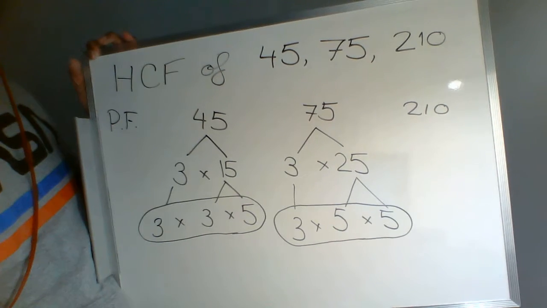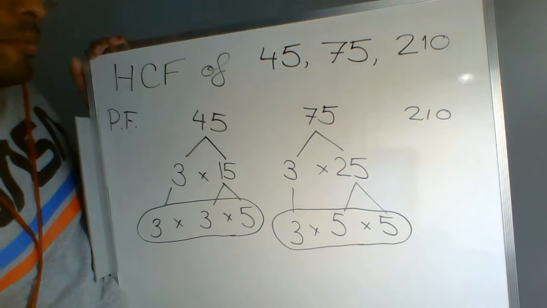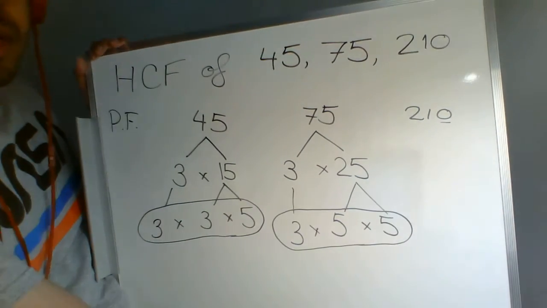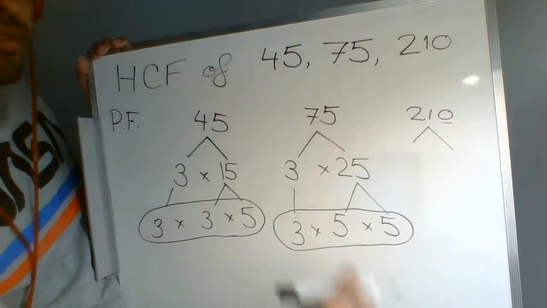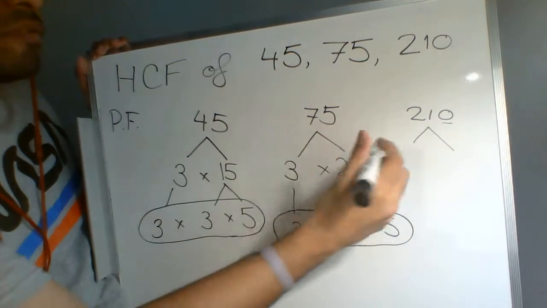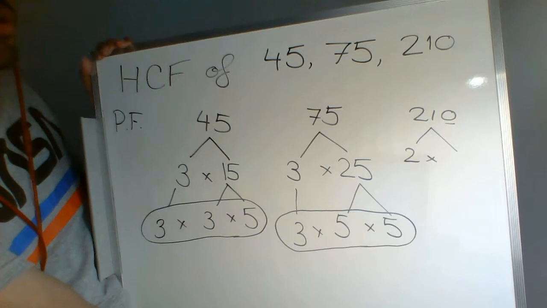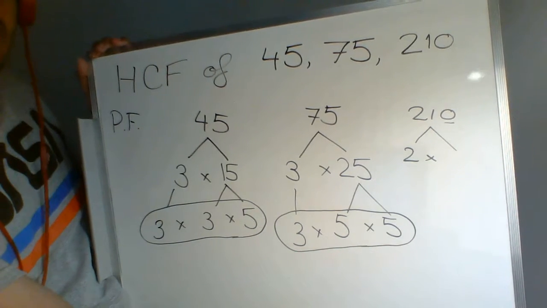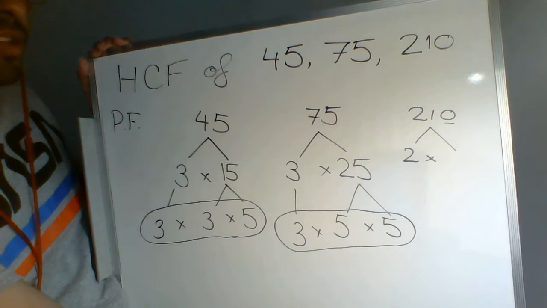Now lastly, we want to do the factor tree for 210. This one, we're lucky, it ends in a 0, so our first branching off for this factor tree means we can put a 2 here, because it's an even number. Now, 2 times what will give us 210? Basically, we're asking 210 divided by 2 gives us what number?